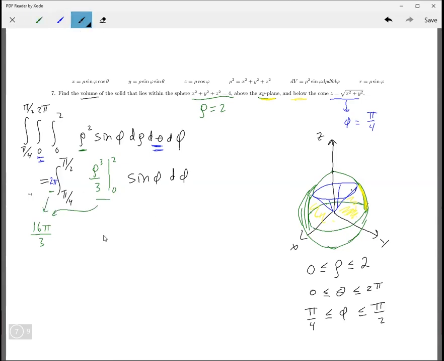And then you're going to integrate this part, which is going to give you negative cosine of phi from pi over 4 to pi over 2. Put pi over 2 in, that's 0. Subtract, and put negative, and you have cosine of pi over 4. What is that, root 2 over 2?